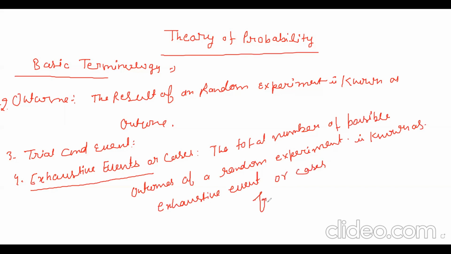For example, when we toss a coin, there are two possible outcomes. First one is head, second one is tail. So the exhaustive events are two.